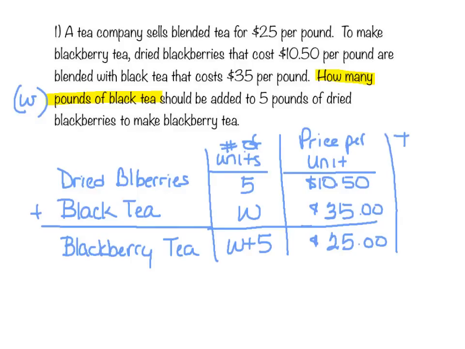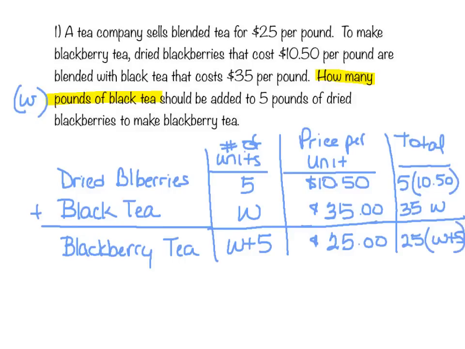Okay, total. We have 5 pounds at $10.50 a pound, and we have W pounds at $35 a pound. As we multiply across on this third one, for the tea, it's $25 times W plus 5.